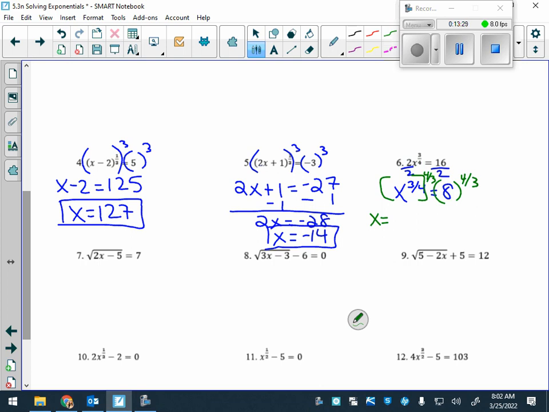Yeah, Finn. Okay, good. So I would do the cube root of 8 and put the 4th on the outside. Okay, the reason is, what is the cube root of 8? Yeah, 2. Okay, then 2 to the 4th. What? 16, good.